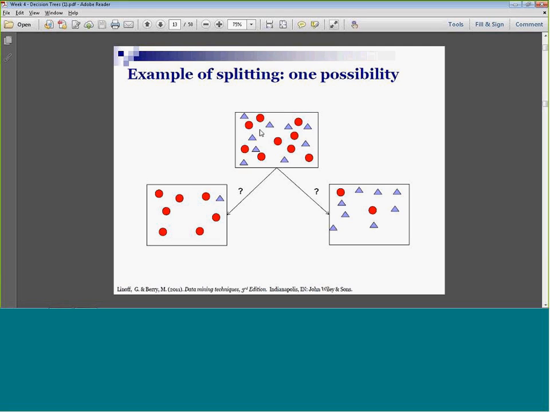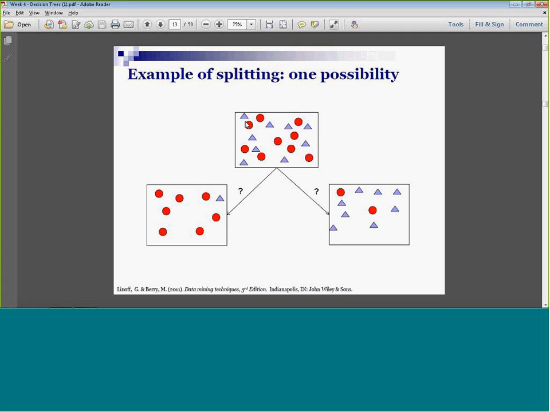Maybe there's 15 things that determine whether you're a circle or a triangle, and we start looking at those variables, because you have to look at each variable, and you have to look at each value of each variable. In order to figure out the best split criterion, you look at each possible input variable as a possible split. You look at each possible value of each input variable as a possible best split for that variable. And then you pick the best.